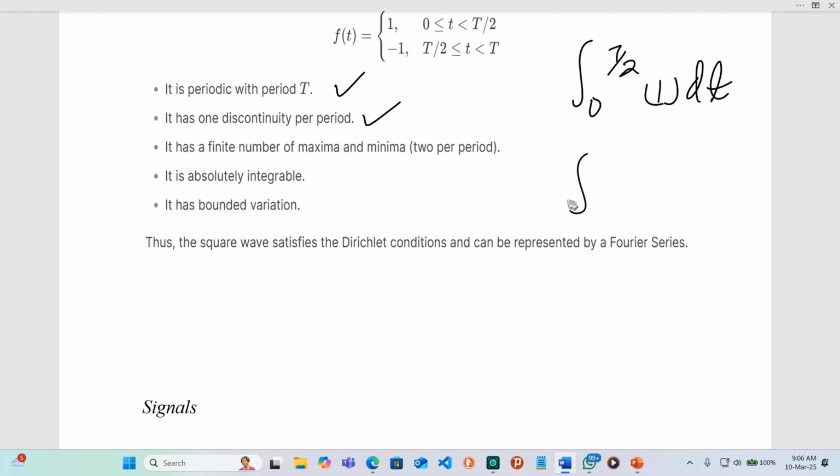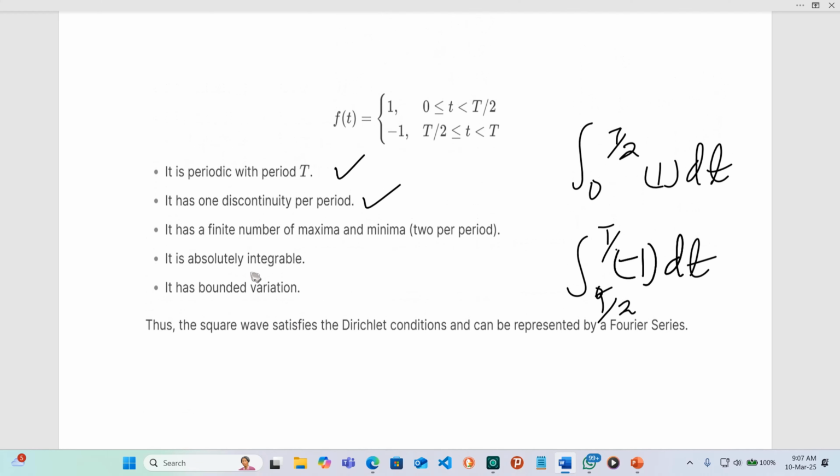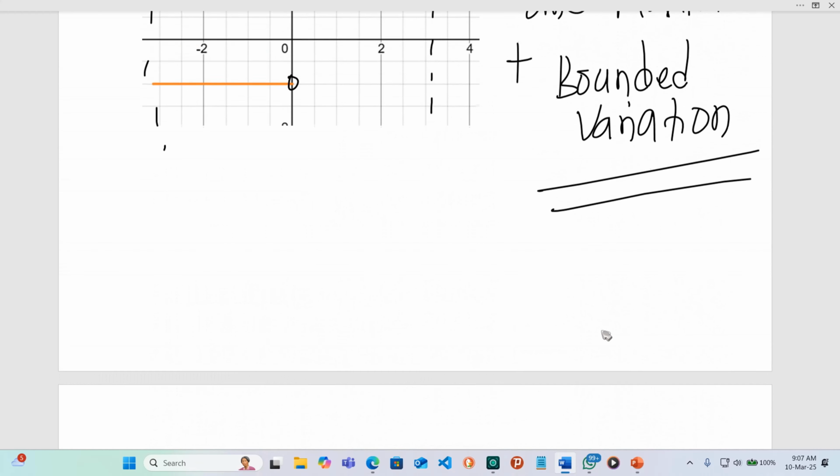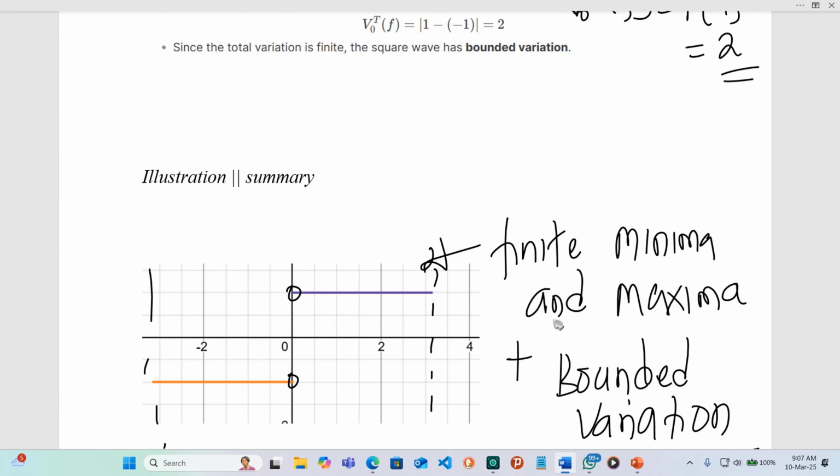You can also integrate from T over 2 to T, integrating negative 1 with respect to t. So that means it has an absolute integral. Then it also has a bounded variation. So thus a square wave satisfies the Dirichlet conditions and can be represented by a Fourier series, as we had earlier said.